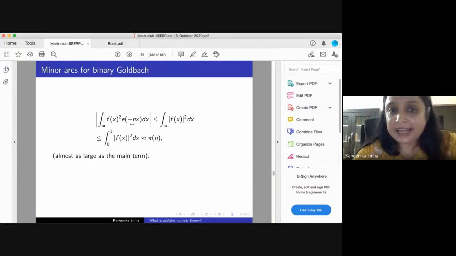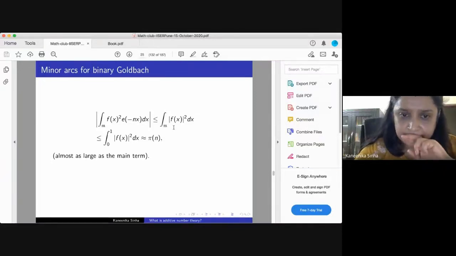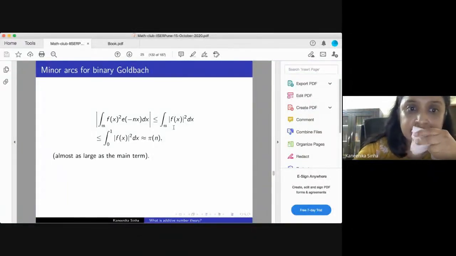The moment we get rid of the exponential part, we are getting rid of the cancellations that happen. And once you have non-negative functions here, the essential thing to worry about is the length of the arcs. So this we already saw was approximately pi of n. Okay, so it looks like you have a value which is almost as large as the main term.